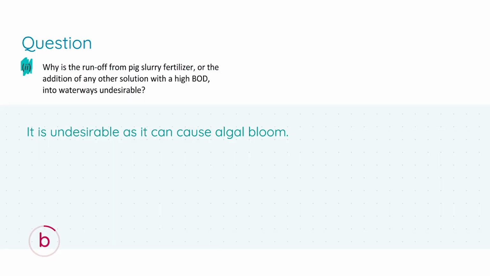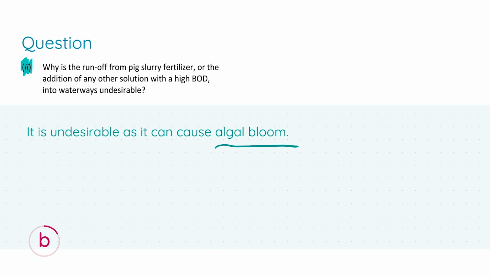In this case, the reason that you don't want to add high BOD solutions into waterways is that it can cause algal bloom. In this definition, the term algal bloom is your buzzword, so that's where the marks are going. The reasoning behind this is that when you add solutions with high BOD into a waterway, the bacteria being added into the water, for example in this pig slurry, can consume a lot of the oxygen dissolved in the water.